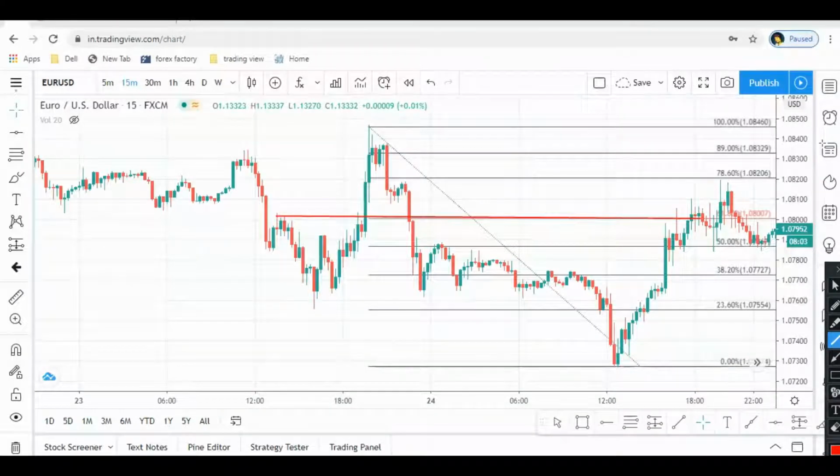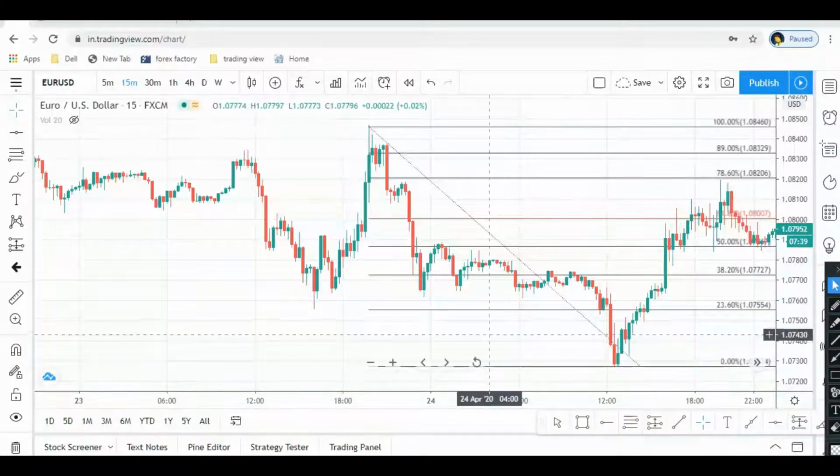In this 61.8, I can see this area acted as a resistance, so it is very reliable to place a sell order in this area. Price touched this area and reversed. This is how Fibonacci works, and this is not one time.